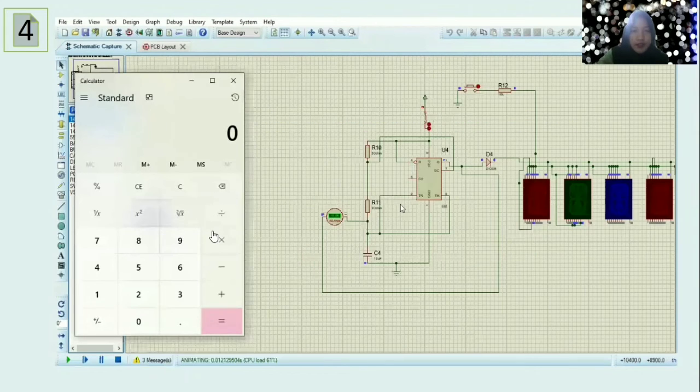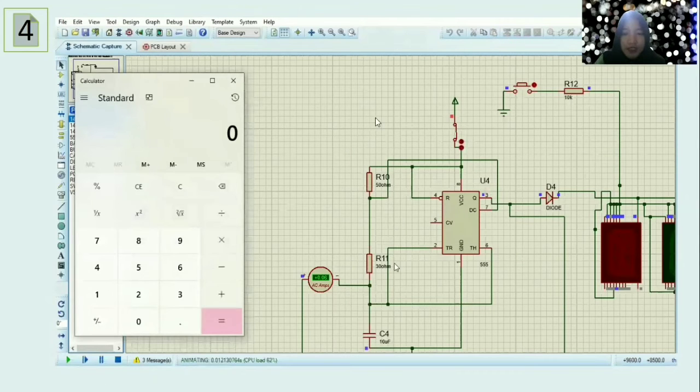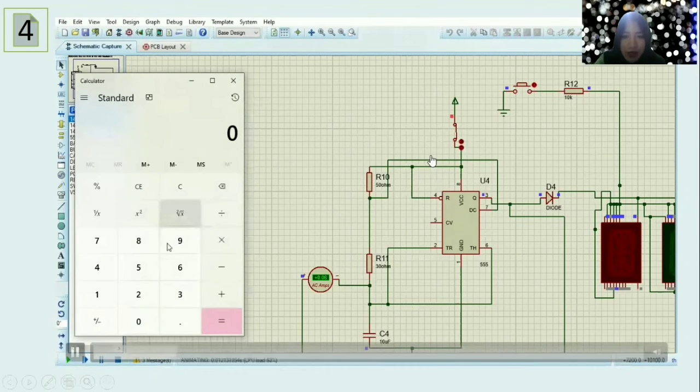Next, we will calculate the electric current in the second resistor. The voltage in the battery is 5 volts, and the total resistance before reaching the third resistor is 50 ohm plus 30 ohm, and the result is 80 ohm.